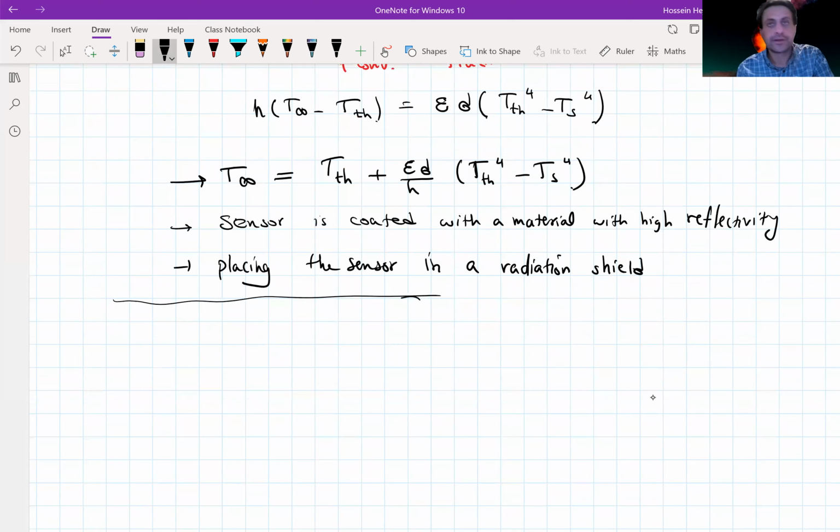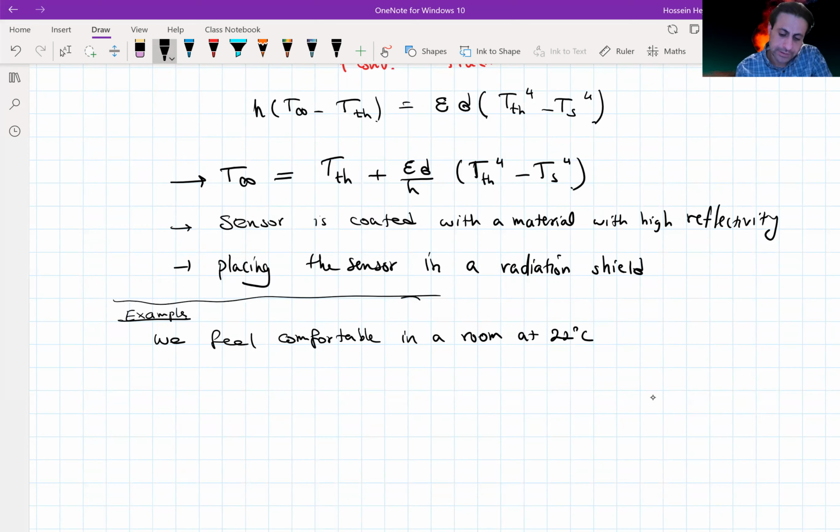Exactly the same phenomenon can happen. Another example is that we feel comfortable in a room at 22 degrees C when the walls are also at the same temperature.